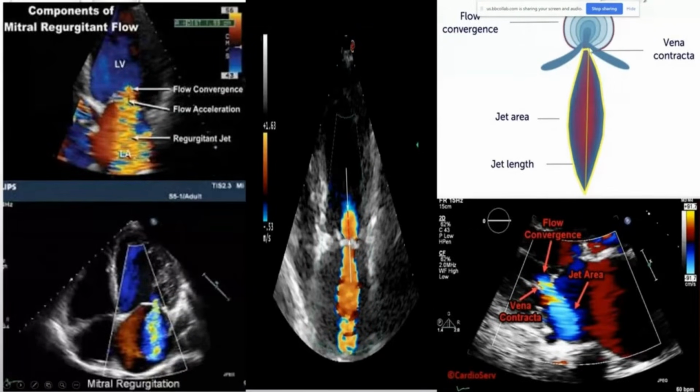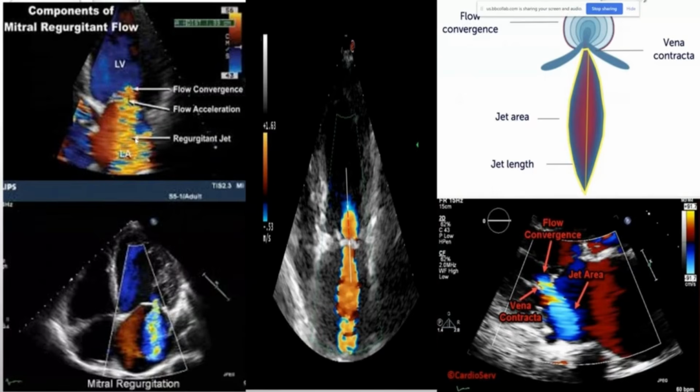And vena contracta is the point where the diameter of the valve is the smallest, and the blood velocity is going to be the highest, because the blood has to travel there really fast because the space is really tiny. Then we have regurgitant orifice area, or effective regurgitant orifice area. That is simply saying it's the narrowest area of where the actual flow is happening.